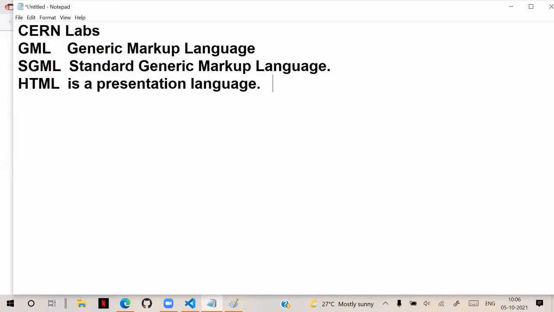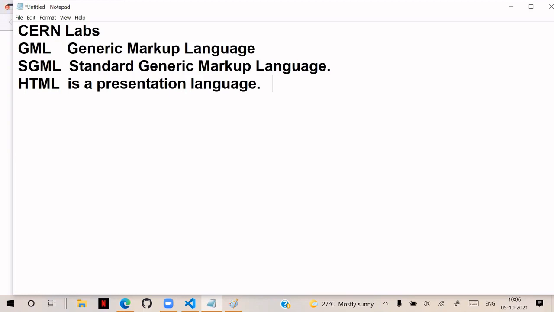Is it the only language used for markup? No, there are several other languages also. You have XML. Later you will learn about them. But initially, HTML is a presentation language. The difference is that a programming language can interact with the user.